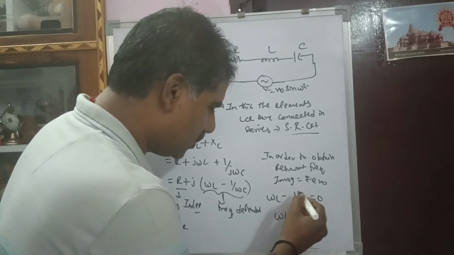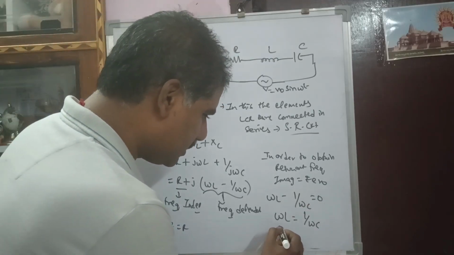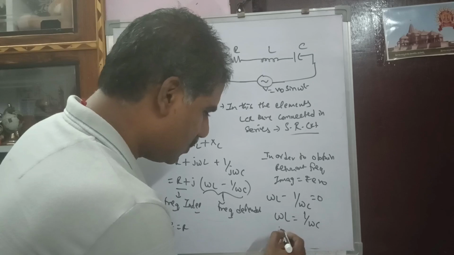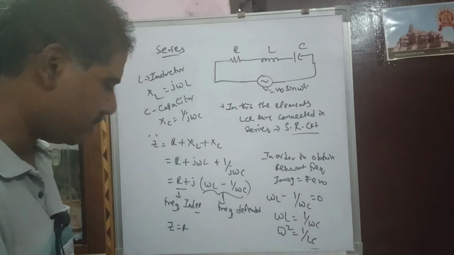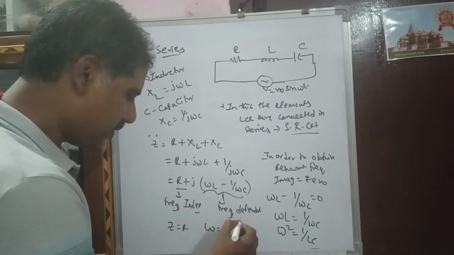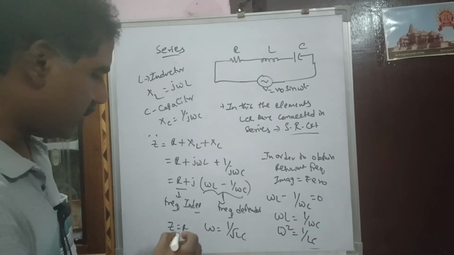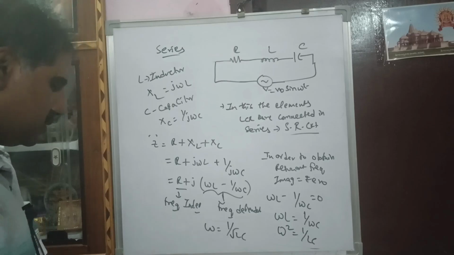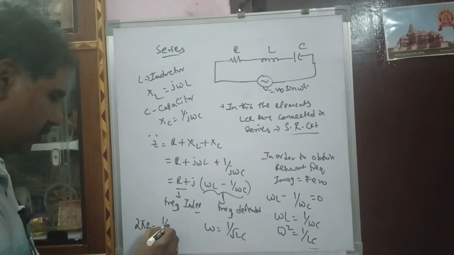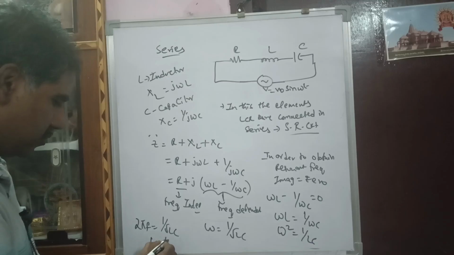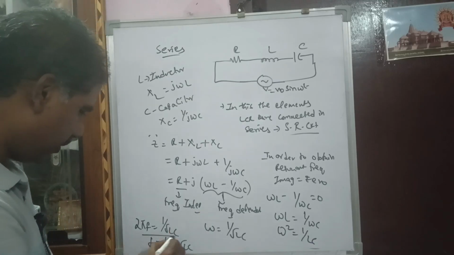Omega L is equal to 1 by omega C. That can be written as omega naught square is equal to 1 by LC, so omega naught is 1 by root LC. We already know omega is 2 pi f. So 2 pi f is equal to 1 by root LC, and f is equal to 1 by 2 pi root LC. This is the frequency of the series resonant circuit.